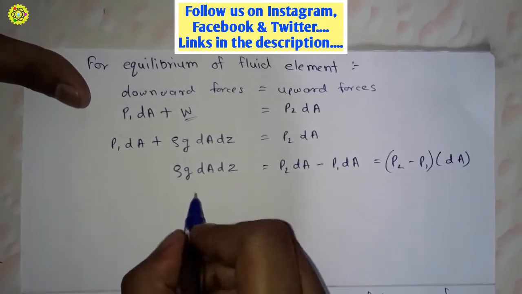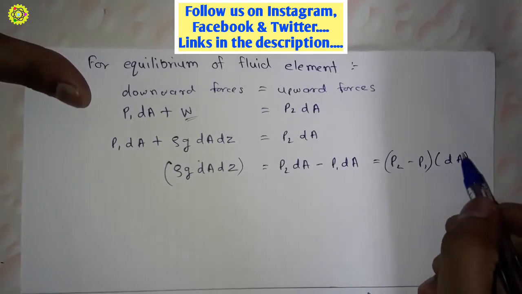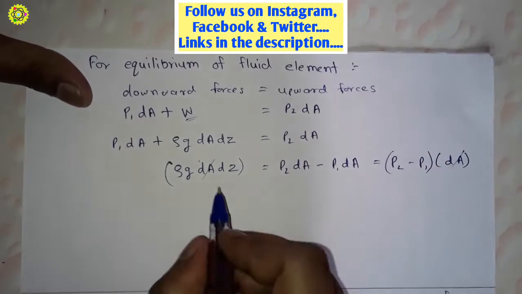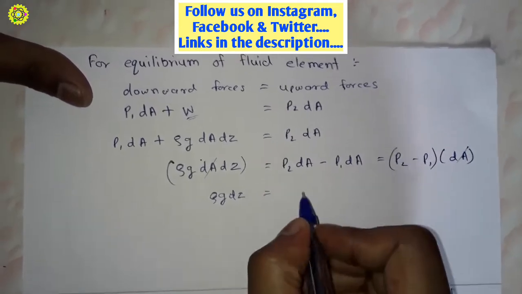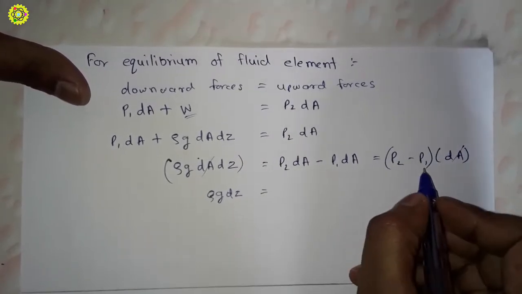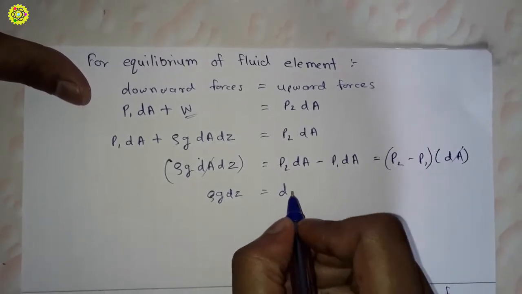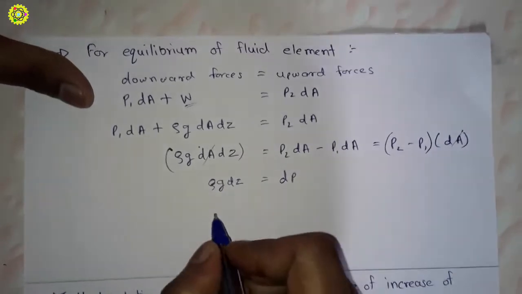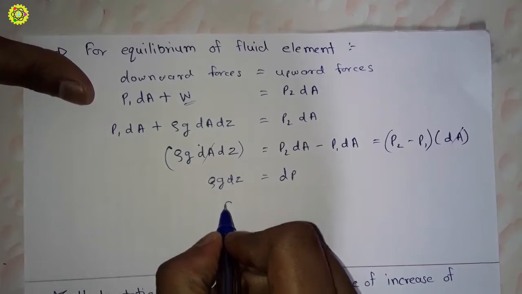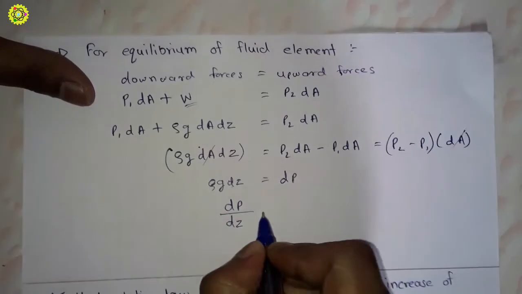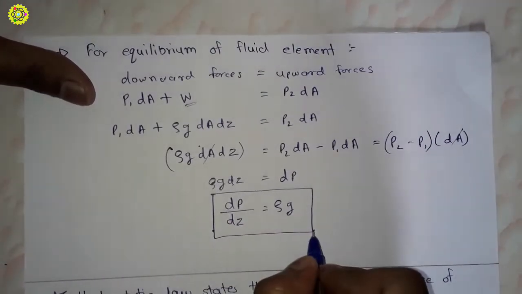Okay, so here we have dA and dA gets cancelled out, so we are left with rho g dz is equal to P2 minus P1, which we will write down as dP. So here now we will take this dz here. So dP upon dz is equal to rho g. This is the hydrostatic law.